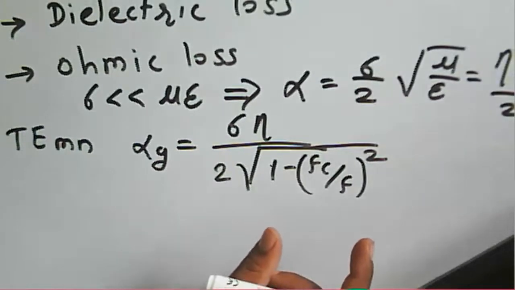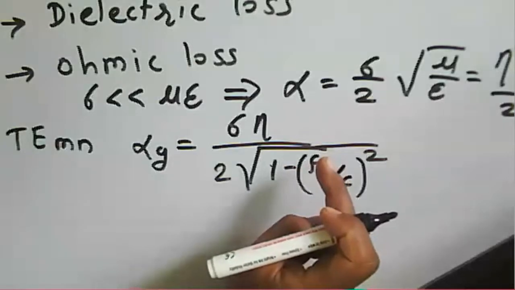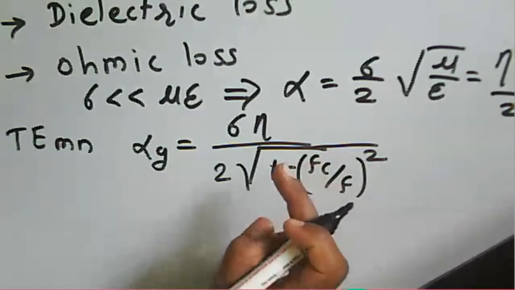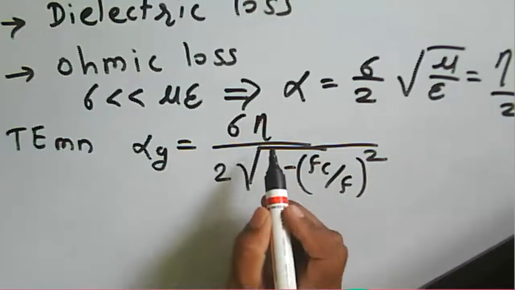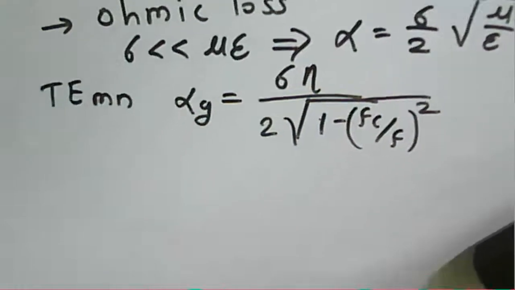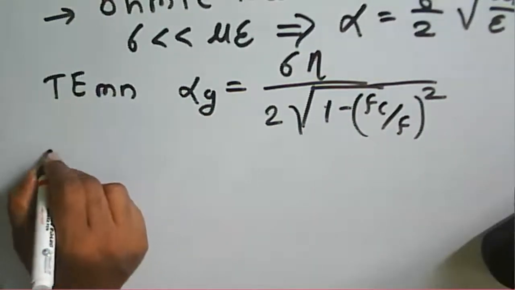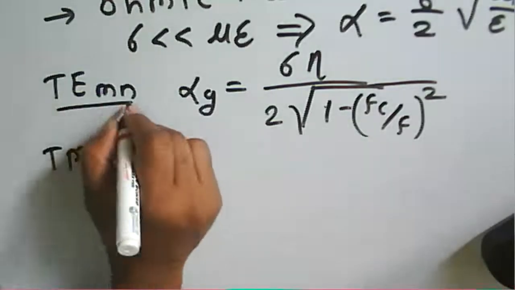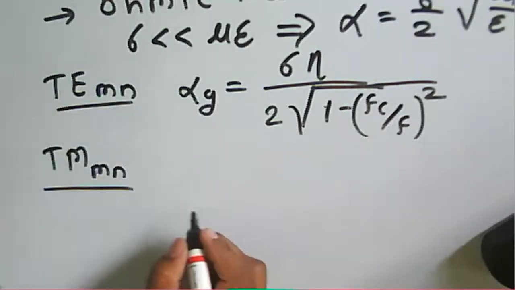So this is eta into 1 minus fc, that will be for the TE mode. So eta by this term. So this is for the TE mode. For the TM mode, if it is a TM_mn, this is for the TM_mn mode.